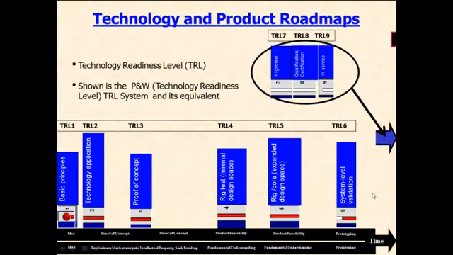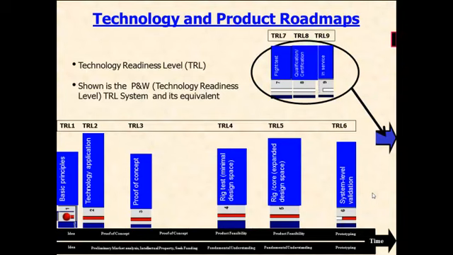Now, this is a technology and product roadmap. I'm going to introduce to you what's called technology readiness level. You will be in a position where you have to look at different technologies, and it would be useful to have some kind of thermometer that measures temperature.